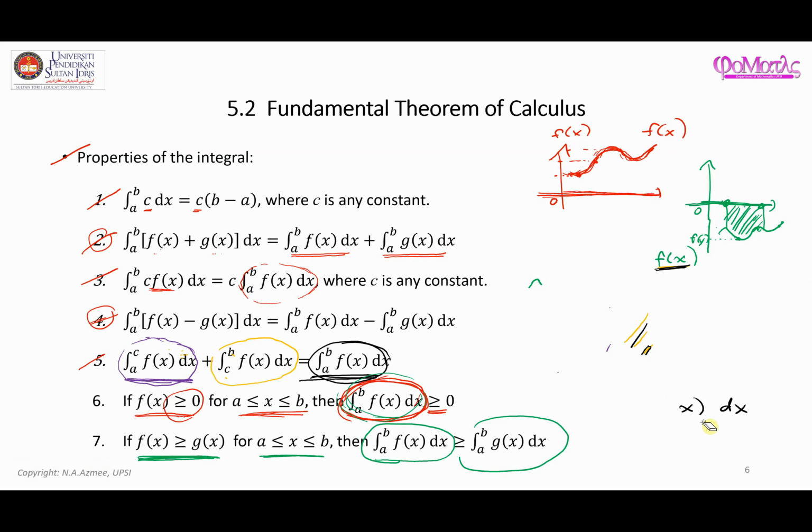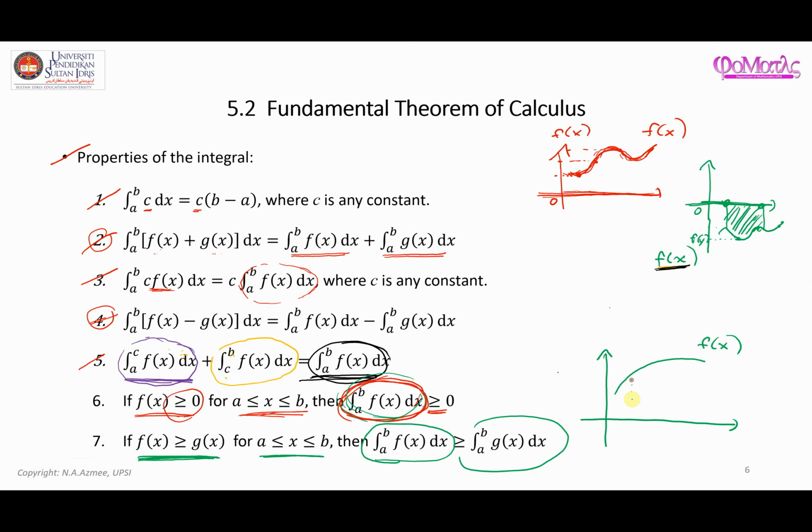Let me just sketch something simple for you to see. So basically what we have is this function here. Let's say this is the function f(x) from x equals a to b. Next we are going to have g(x). f(x) is always greater than or equal to g(x), so g(x) may be just a straight line.